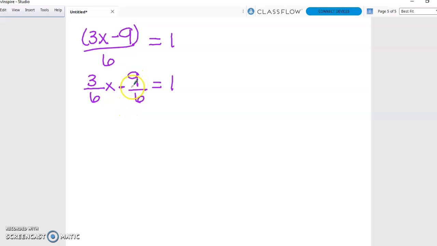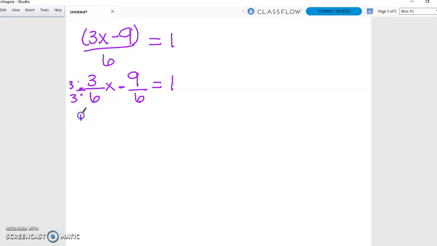So what I want to do first is simplify what we have, because here we can simplify 3 over 6. What can we divide both 3 and 6 by? 3, right?